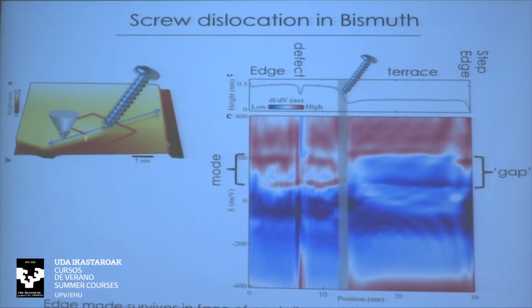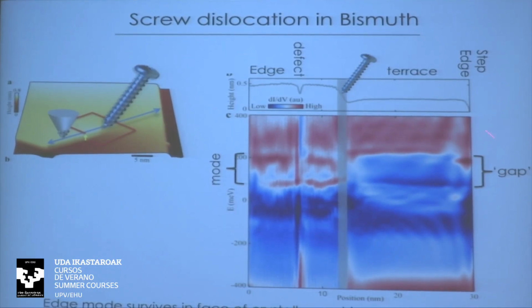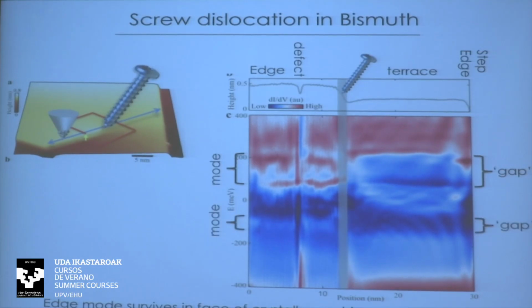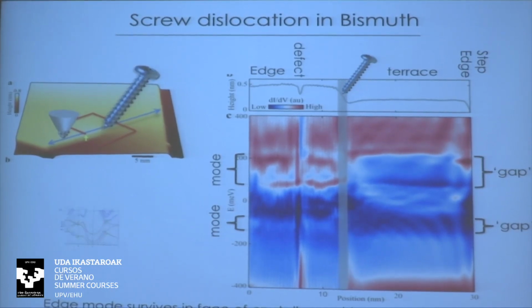Not a true gap, because this is a semi-metal, but this is basically the gap around the T point of the bulk bismuth, which is where this mode is believed to reside. And then we possibly see another faint mode that lives here.